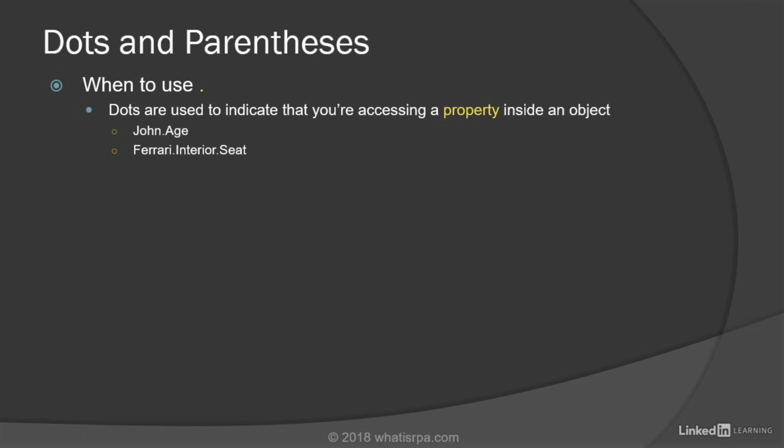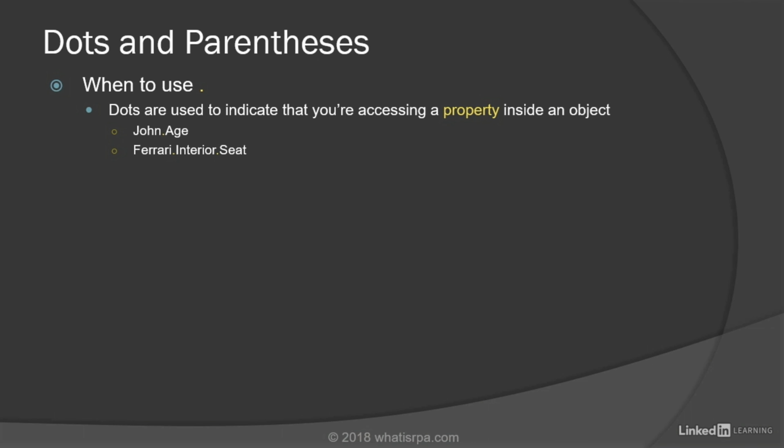Another example would be if I had a car object, which is a Ferrari. If I'm interested in knowing something about the seat of that Ferrari, the Ferrari can have an interior, and of course that interior can have many different objects inside of it, like seats and steering wheels and carpet and such. But in this case, I'm interested in the seat. So I can say Ferrari object dot interior object dot seat object.